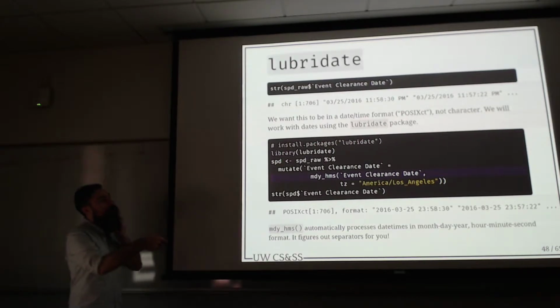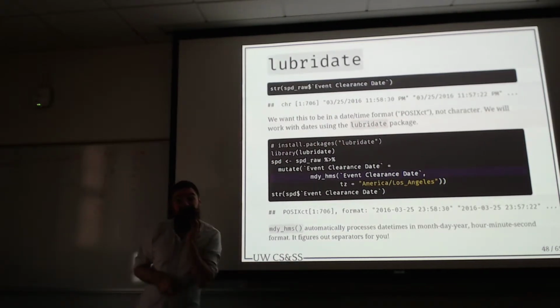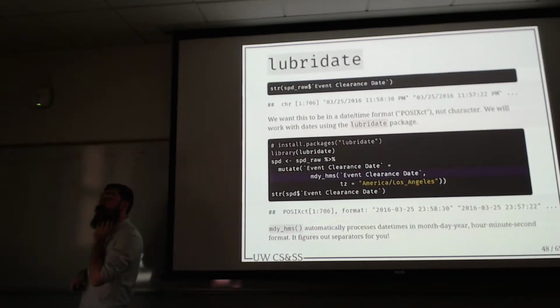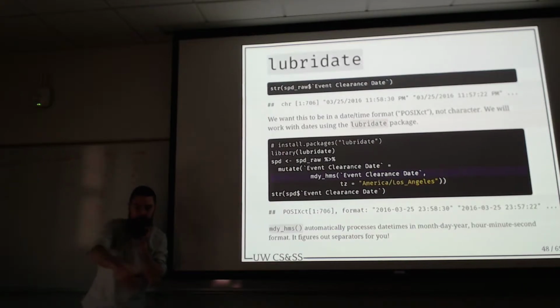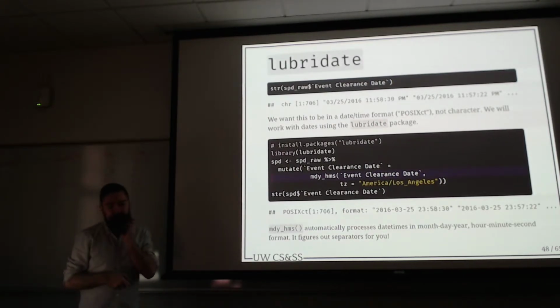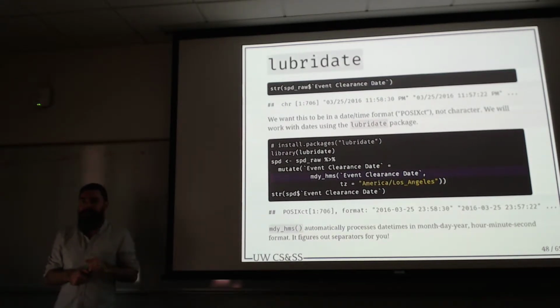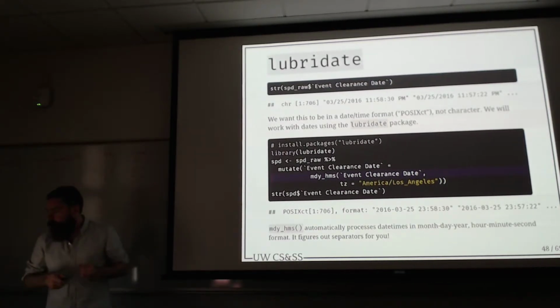In R, it's normally what is called POSIXct time. If you want to know way too much about how computers think about time, Google POSIX time and then go down the hole. POSIX time is measured in seconds since January 1st, 1970. All computers count from 1970. It's just the way they do it.